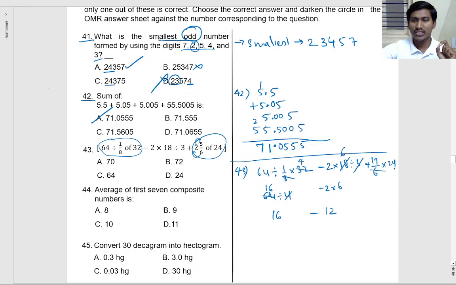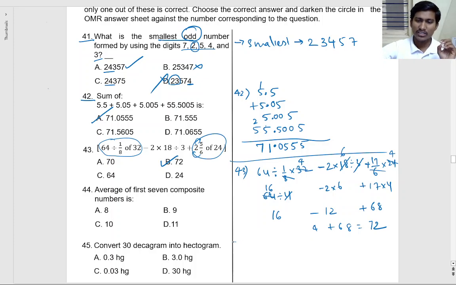You know 6 4s are 24, so the remaining plus is 17 4s, so it will be 68. Now 16 minus 12 is 4, 4 plus 68 is 72. So which option, option B is the answer here.